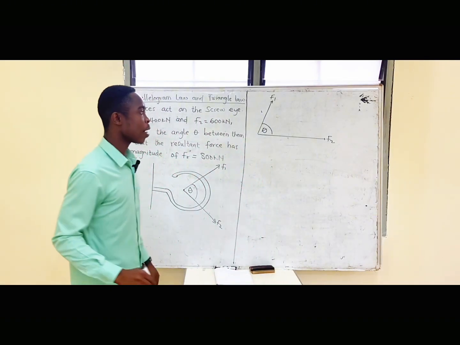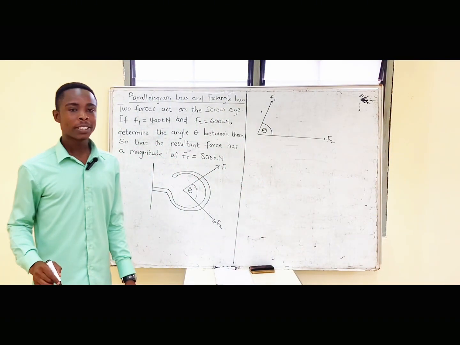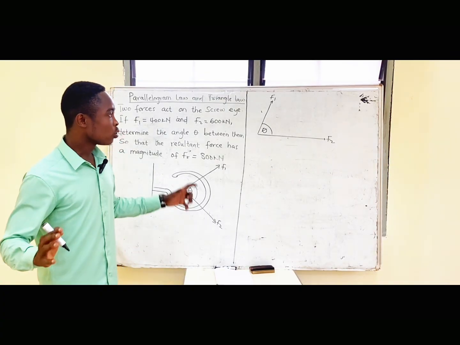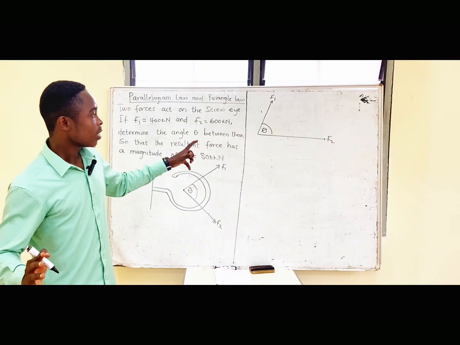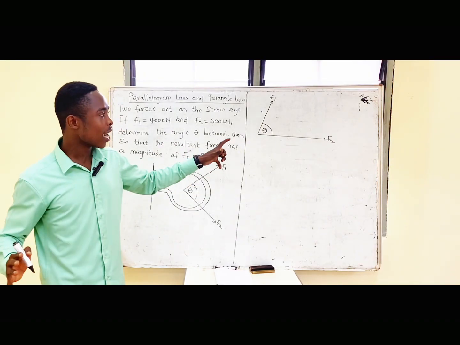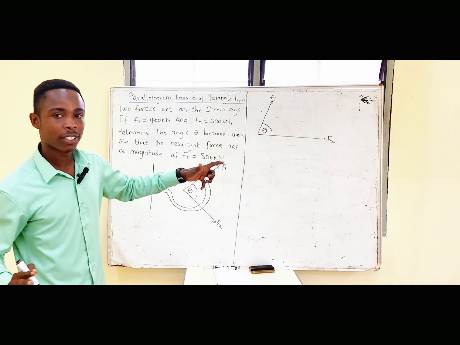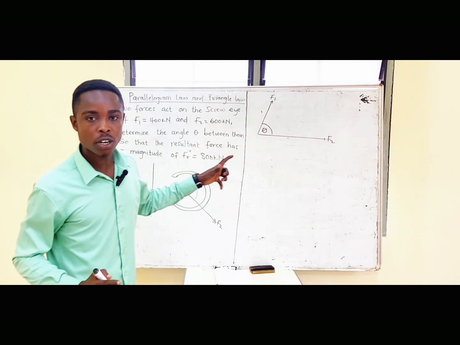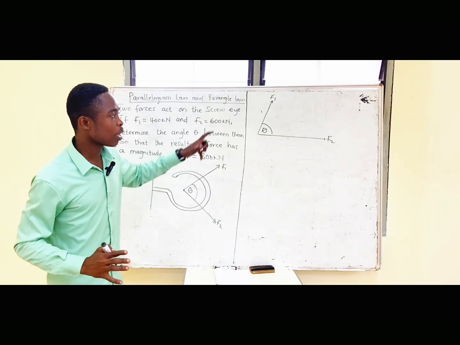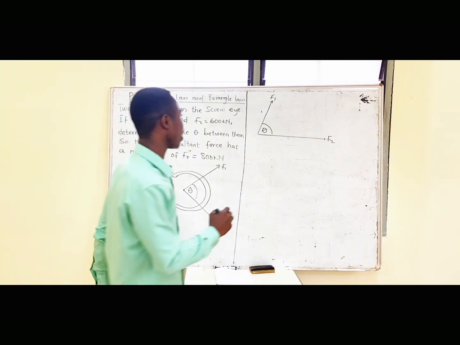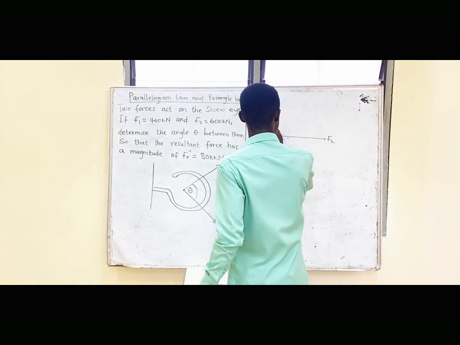Now we know that the parallelogram law states that when two forces have an angle between them, in order for us to find the resultant of these two forces, the resultant is the diagonal of this parallelogram.